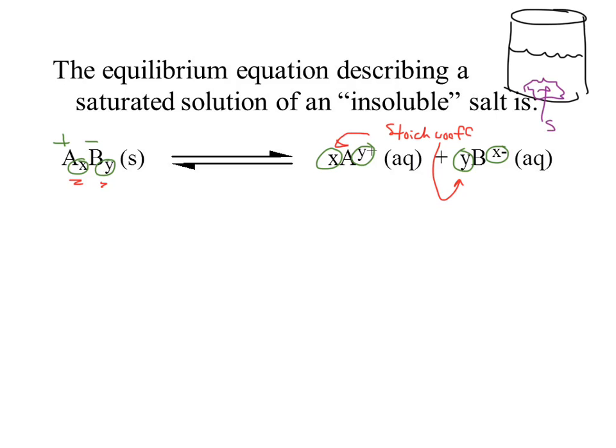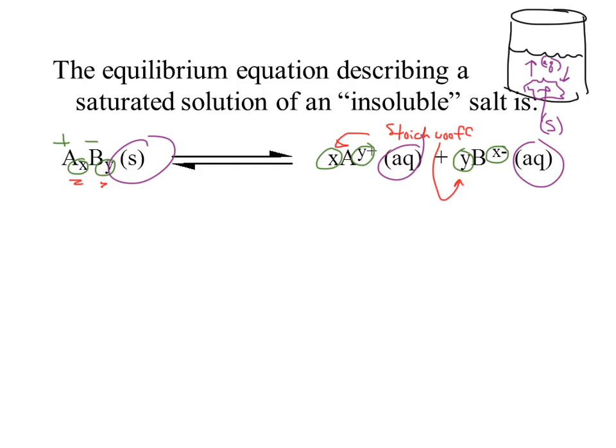A little of that to a certain extent is breaking its ionic bonds and going into its AQ phase, and some of it is falling back down, precipitating back out. That back and forth is what we see here. Hopefully you buy that it's an equilibrium. It's a back and forth sort of thing. That's what equilibria are.